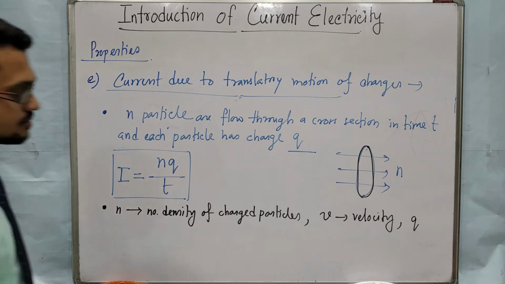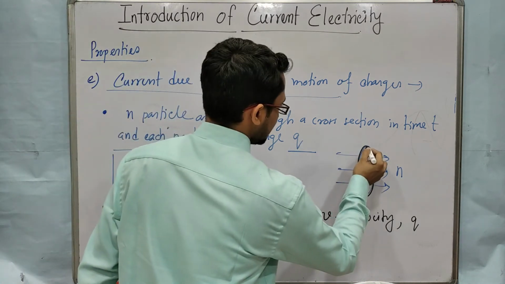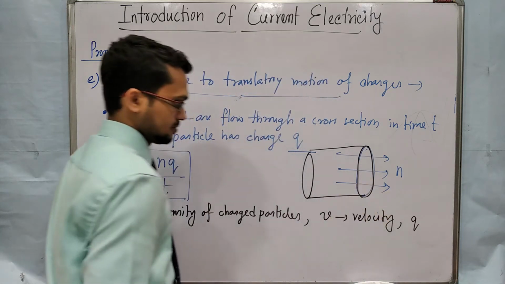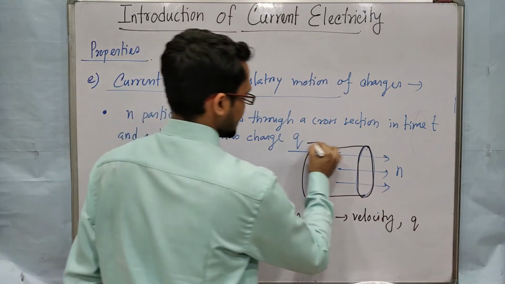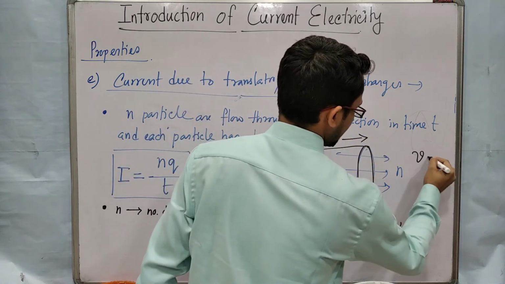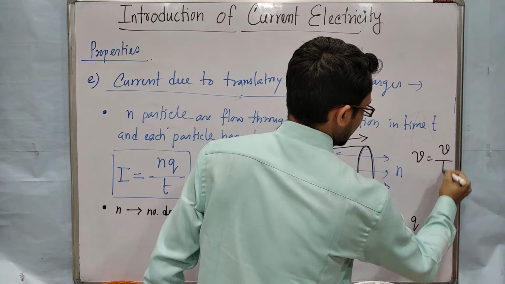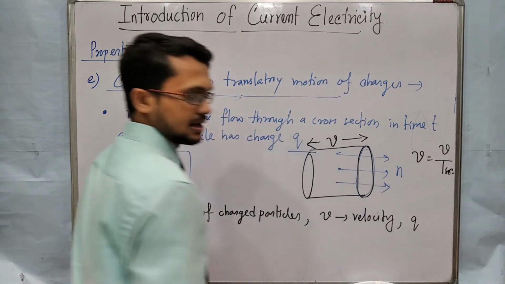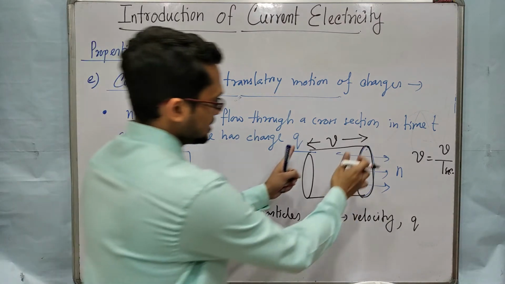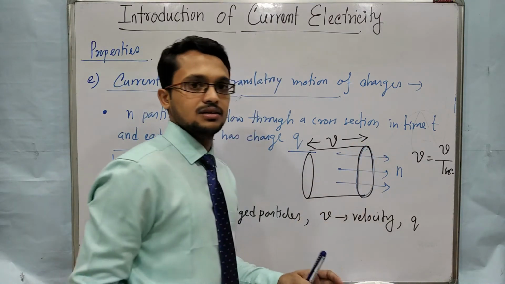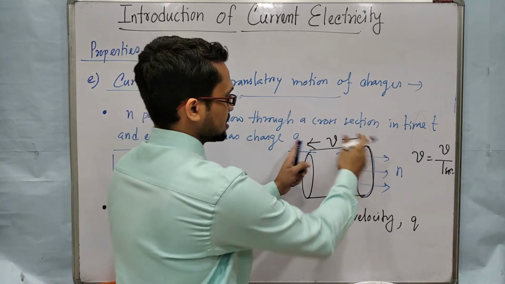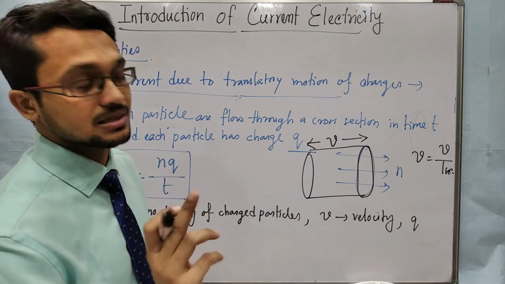So here we have to draw a cylinder of length v, because velocity v means length by time, 1 second. I am taking length v, time will be 1 second. So this length is covered by the charged particles in 1 second.